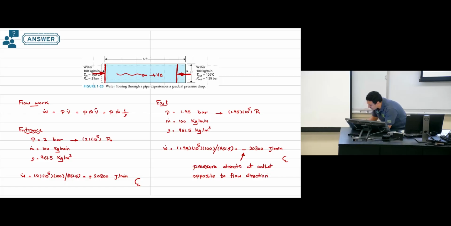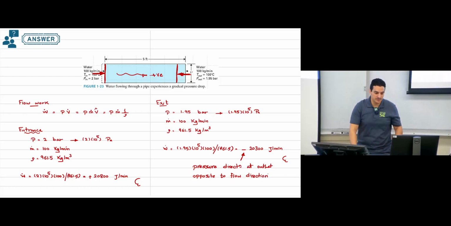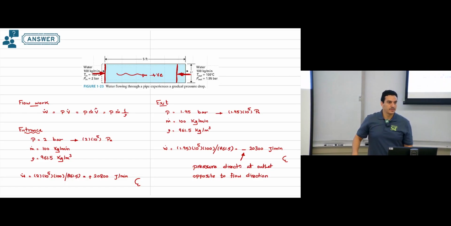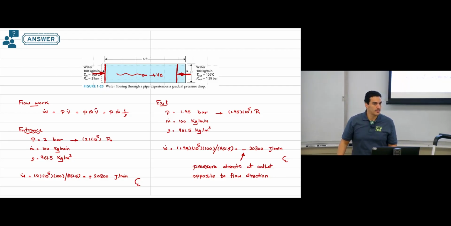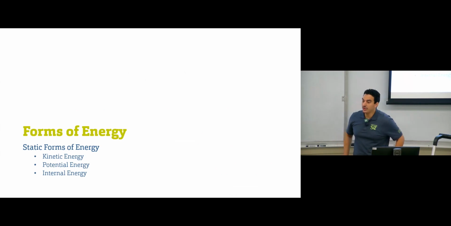So by adding this negative sign, the answer is complete. Is this part clear? Any questions? Okay. So this was the example we missed last time, and now we're going to continue with the forms of energy.